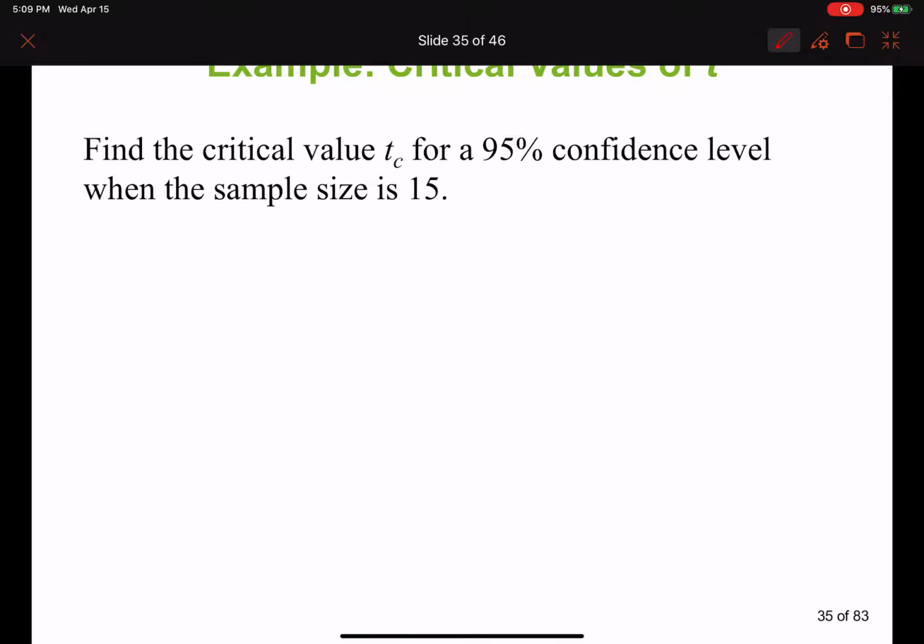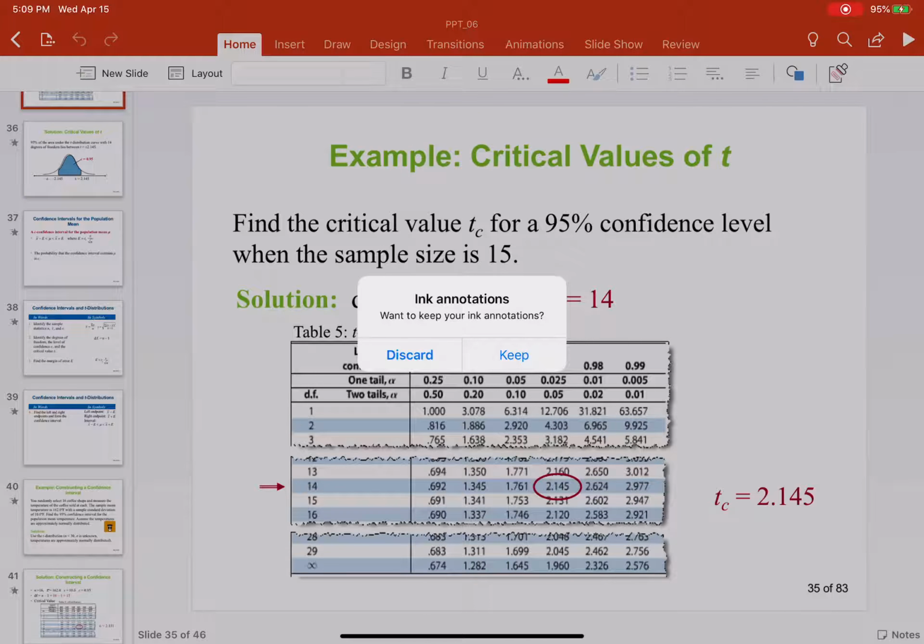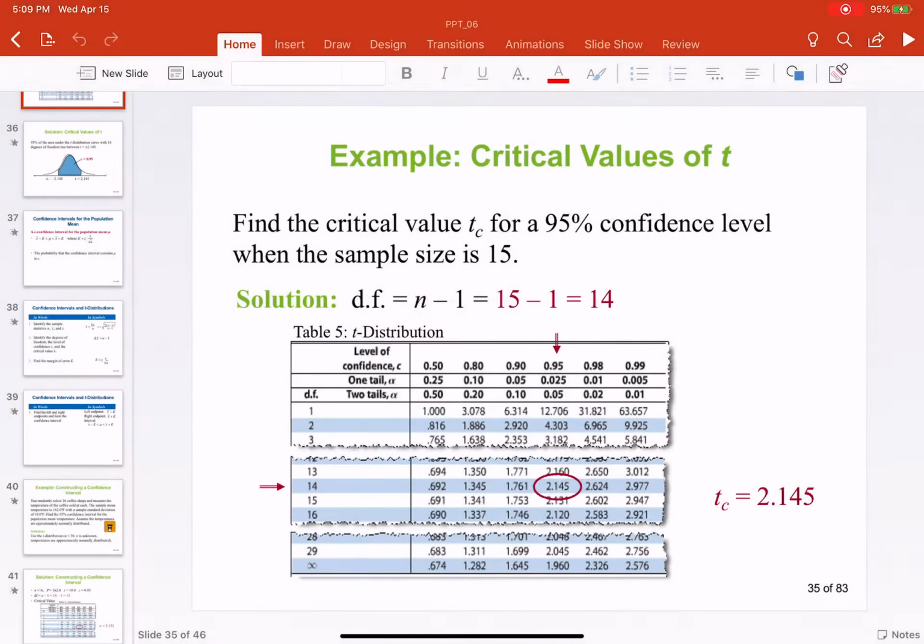So what we're going to do, we need to find an example here. Find the critical value for a 95% confidence level.